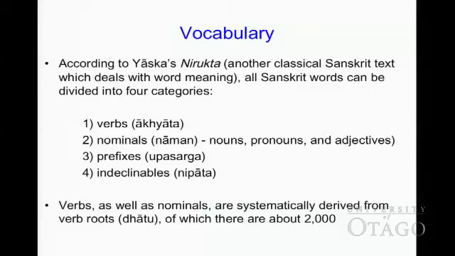The second part is nominals or naman, that is nouns, pronouns, and adjectives. The third part is prefixes or upasarga. And the last one is indeclinables or nipata. Verbs as well as nominals are systematically derived from verb roots, which we call dhatu, of which there are about 2,000.